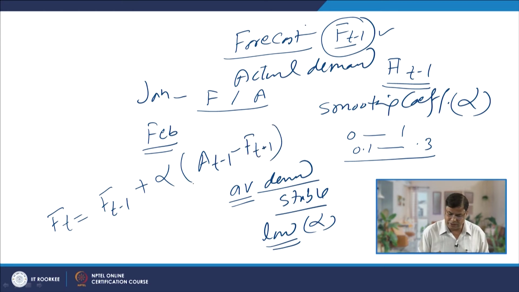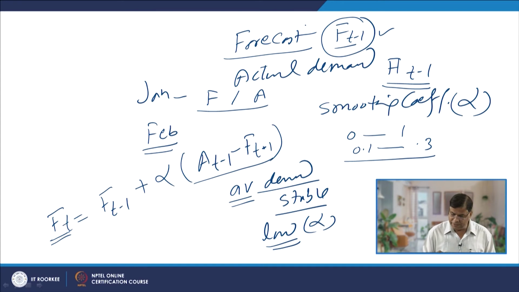The difference of these two, A t minus 1, the most recent actual demand, and F t minus 1, the most recent forecast, will give us the next period's forecast.